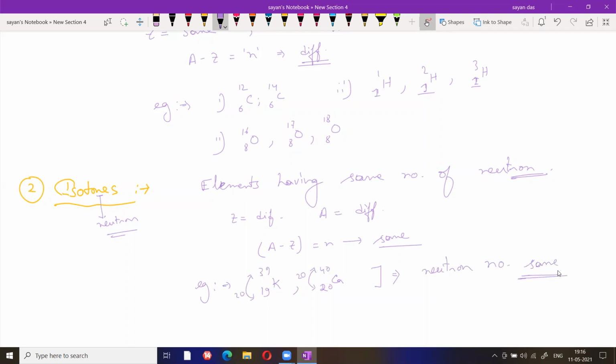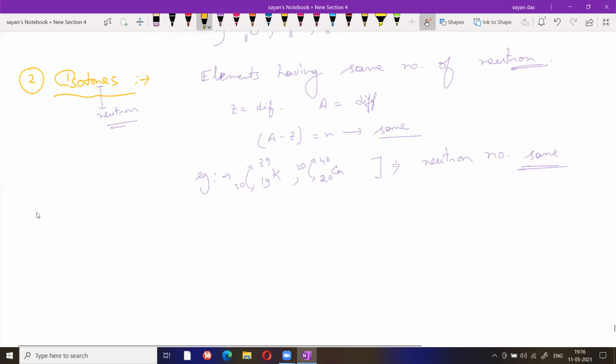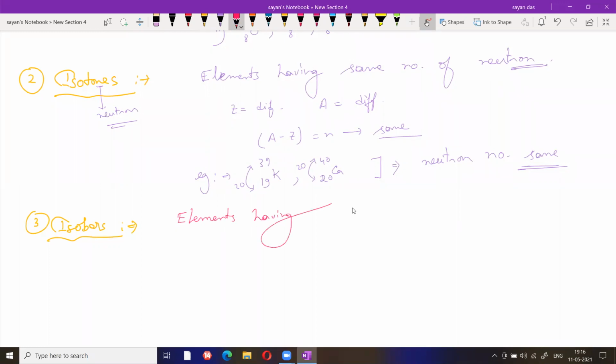Okay, the third one is isobar. What is isobar? Elements having the same mass number. In this case, the upper part is always the same.